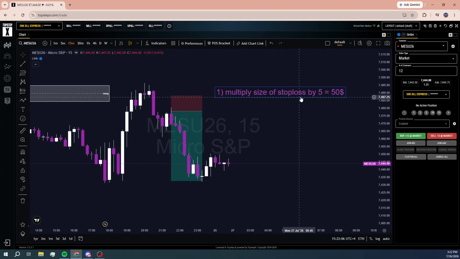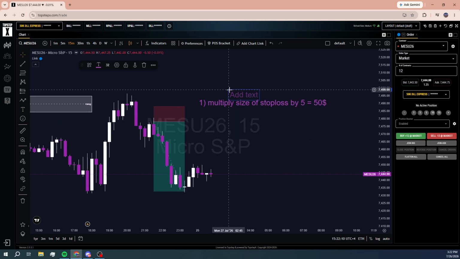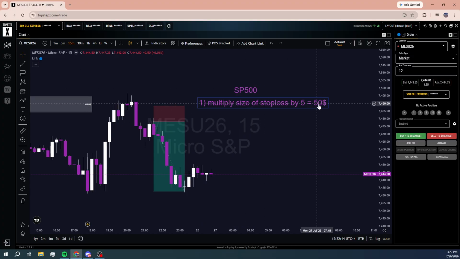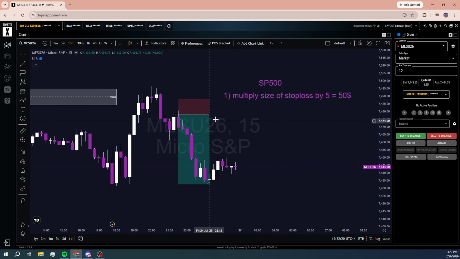On SP 500, this means that if we entered here with one contract, we would simply risk $50. So if I write one contract and I press sell one when price was here, I would simply risk $50 if my stop loss was here, 10 points.